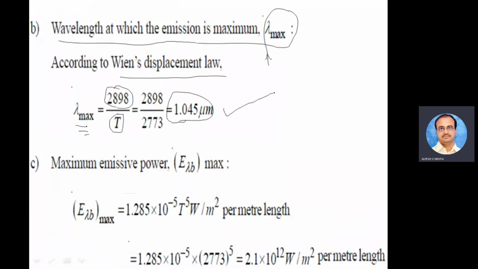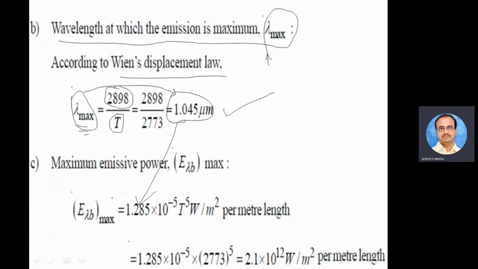Now we have to find the maximum emissive power, that is E lambda b maximum. Simply, we put this lambda max value, 1.045, into the bottom equation of E lambda b.